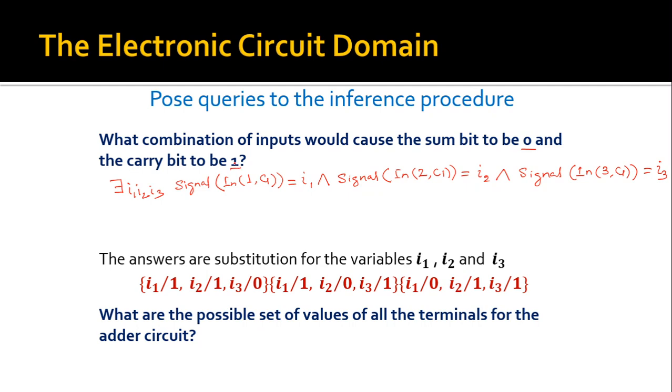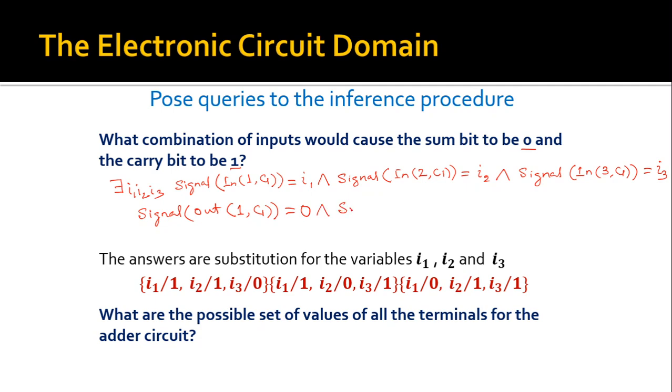What is the sum bit? The sum bit is basically the first output terminal of C1. So the signal at the first output terminal of C1, what should this be? This should be 0, right?